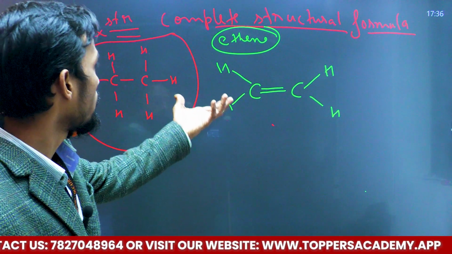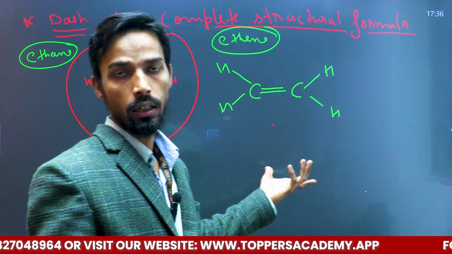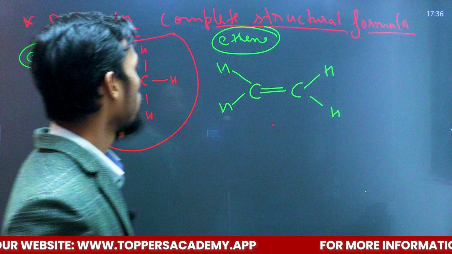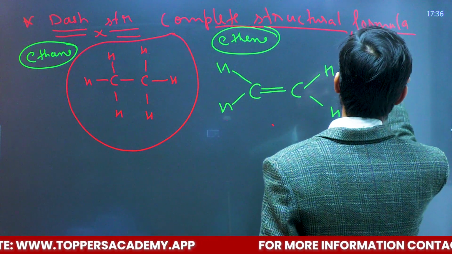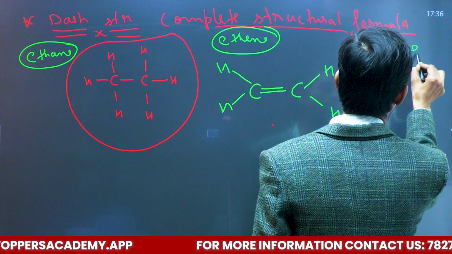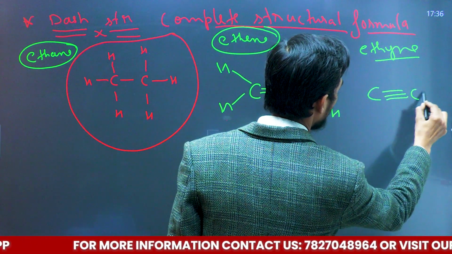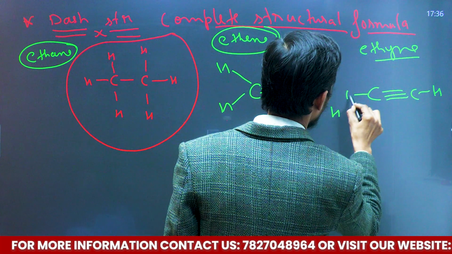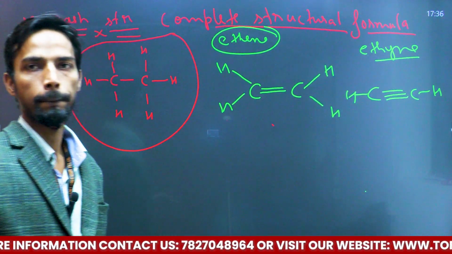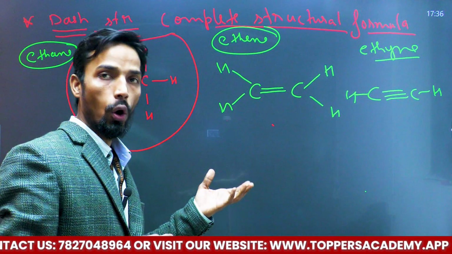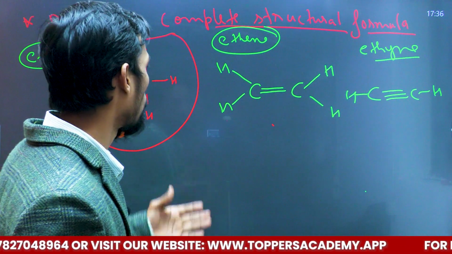This is the complete structural formula of ethene. In the same way, for ethyne we will have a structure like this. This is the way we can represent these organic compounds in a complete structural formula.